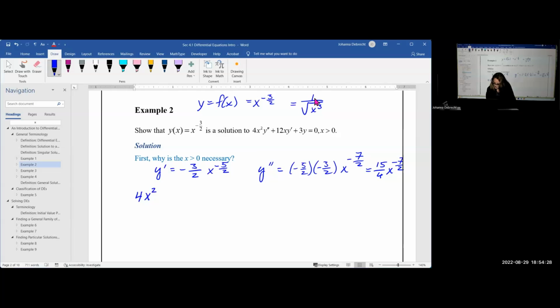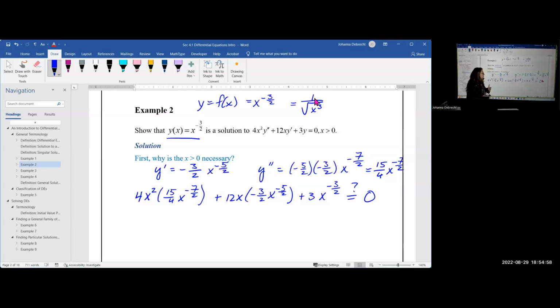So we have 4x squared times 15/4 x to the negative 7/2 plus 12x times negative 3/2 x to the negative 5/2 plus 3 times y, which is x to the negative 3/2. Remember, that was given up here. And we're trying to prove that, in fact, that does equal 0. So that's what we're after, is to show it is 0.